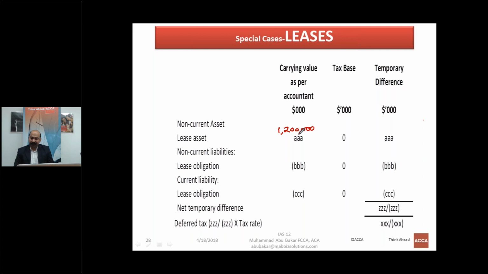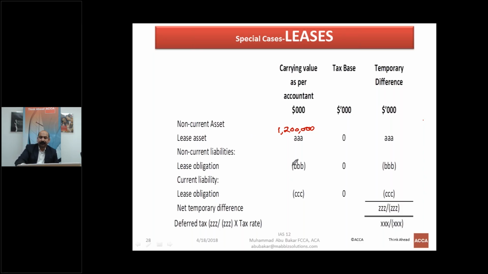So here the lease term is 4 years. Without going into much detail, we have depreciated this asset over a period of 4 years. 1.6 million was the cost of this asset, and when we depreciate it over 4 years, first year depreciation will become 400,000. So at the end of the first year, the carrying value of this asset will become 1.6 million minus 400,000, 1.2 million. So this is the carrying value of this asset.